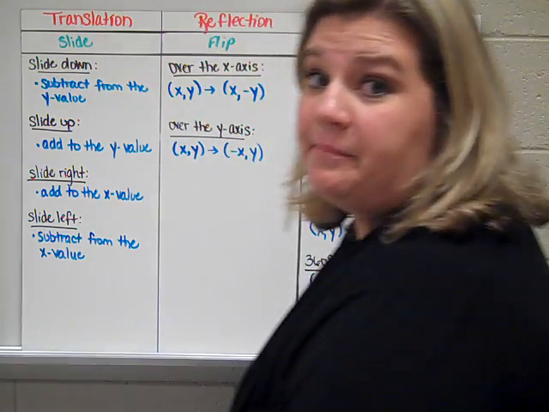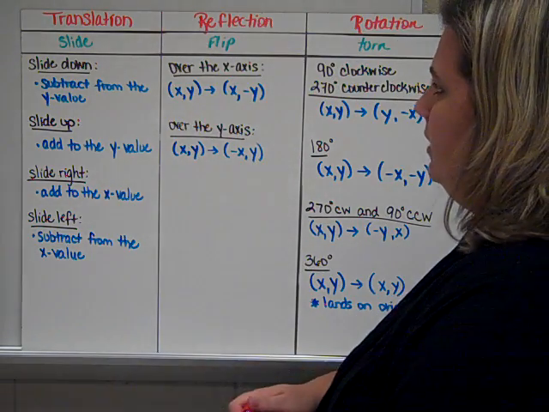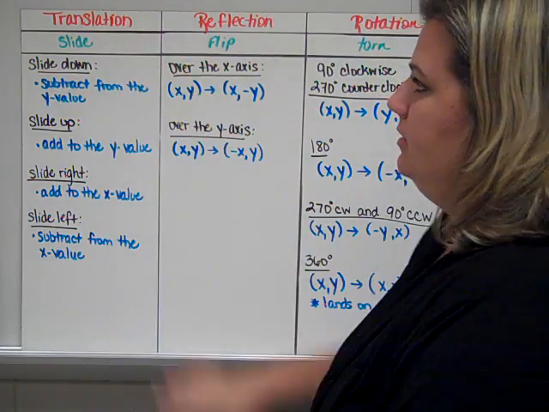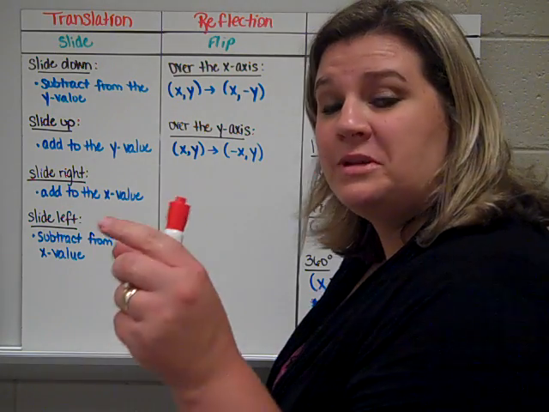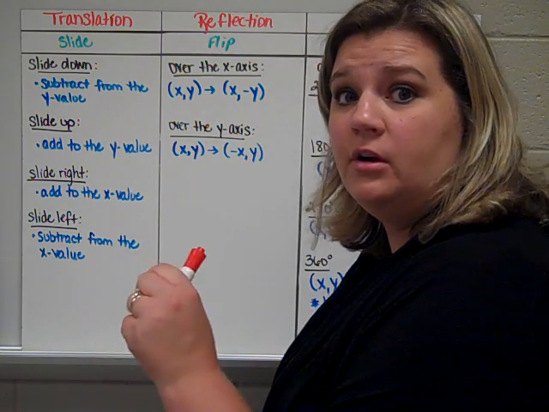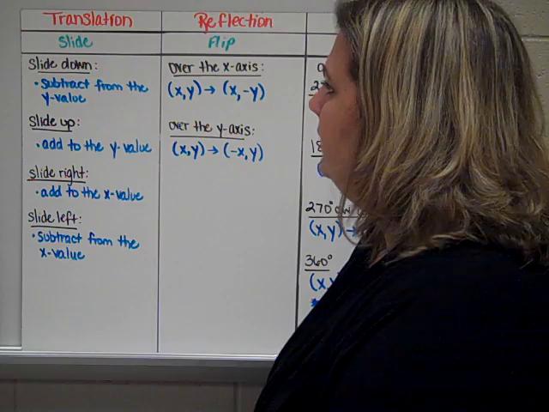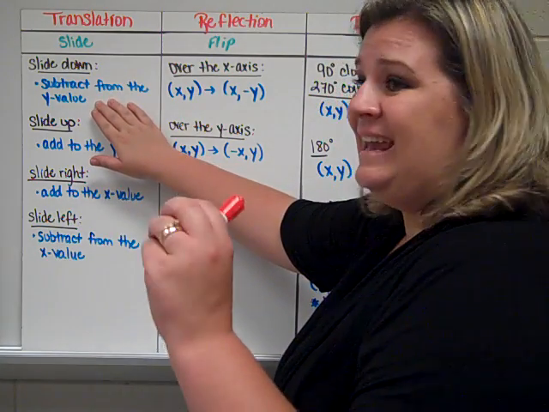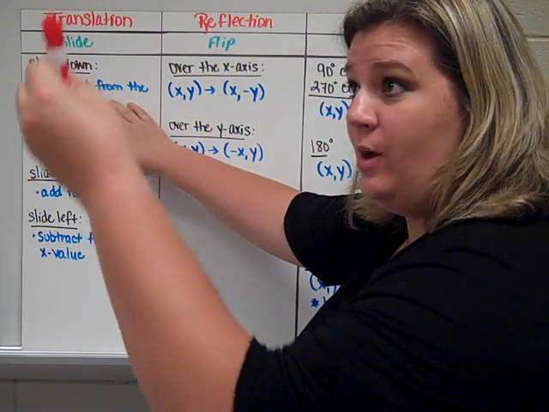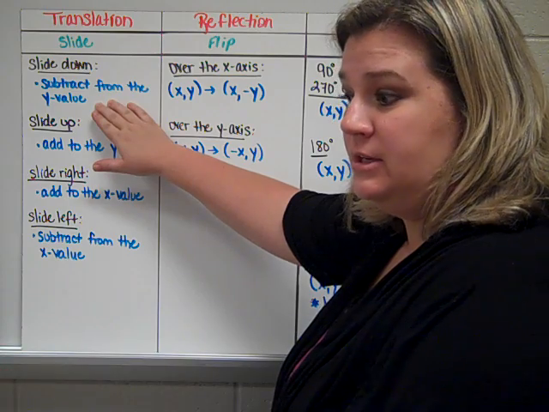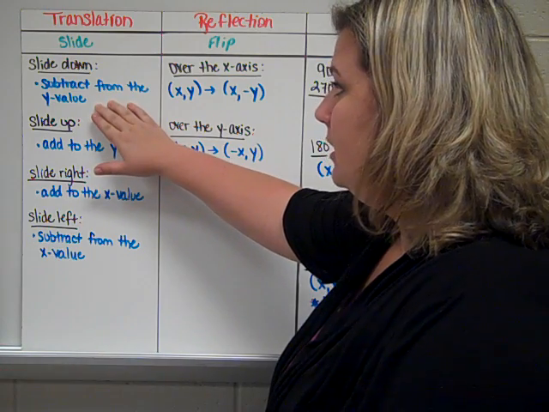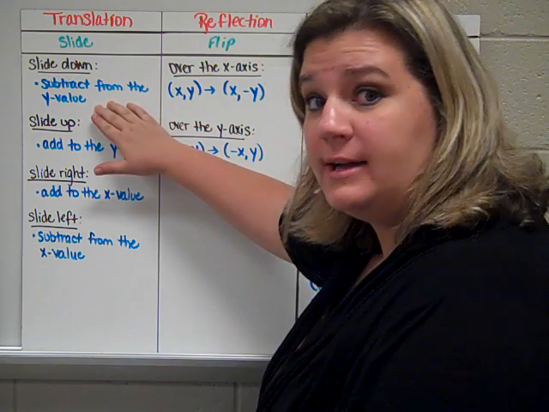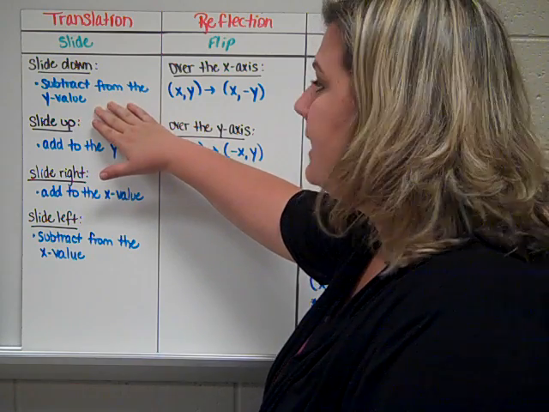Okay, here's a little recap on what we've done so far. Translations are the transformation where we slide a figure in a straight line. Remember, sliding it down, think about the y-axis. If we're sliding it down, that's decreasing our y values, so we subtract however many units we slide down.